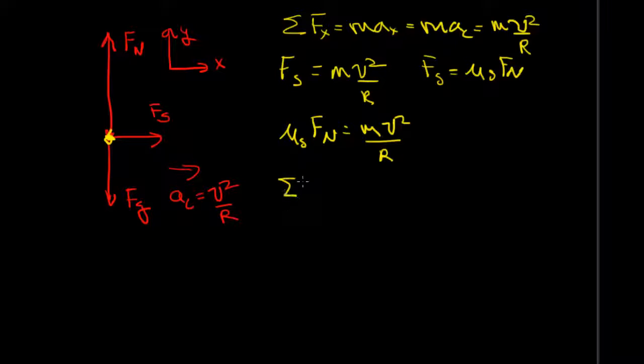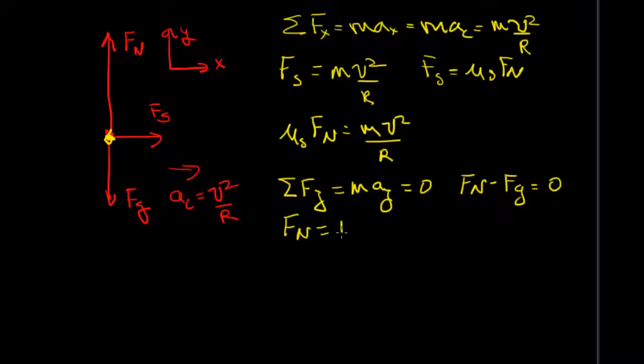And then we have to come down here and look at the sum of the forces in the y direction equals ma sub y, and that's equal to 0. And so that just says the normal force minus the weight is equal to 0, or the normal force is equal to the force of gravity, which is equal to mg.